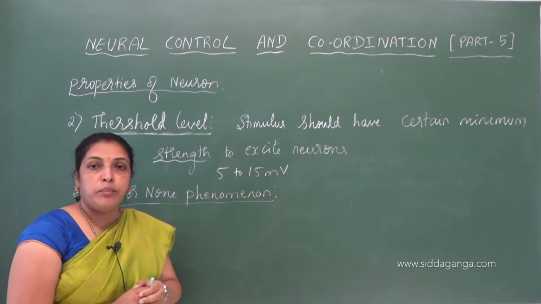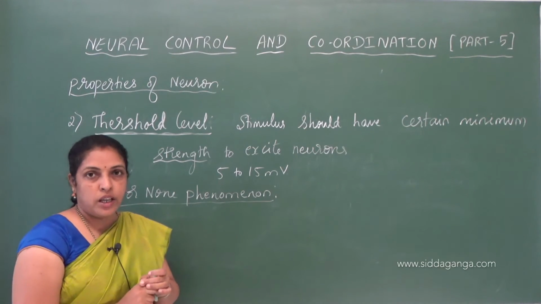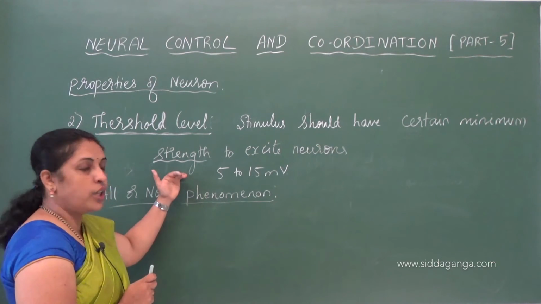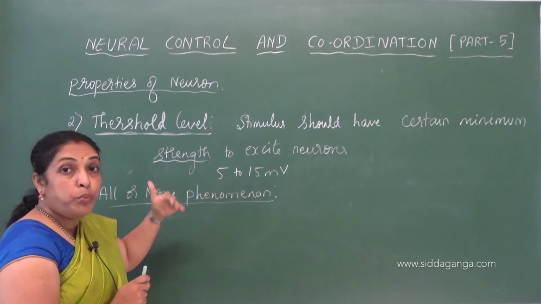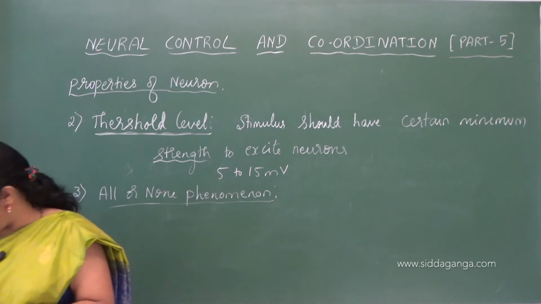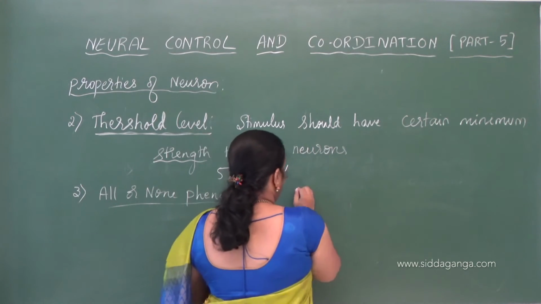Below that strength, the nerves are not excitable. So the nerves are excitable only at the threshold level, not below that. That is nothing but the all or none phenomenon.